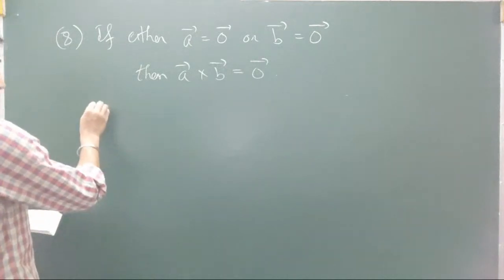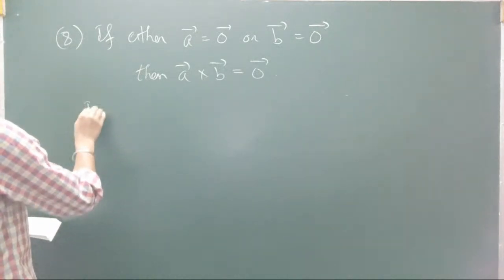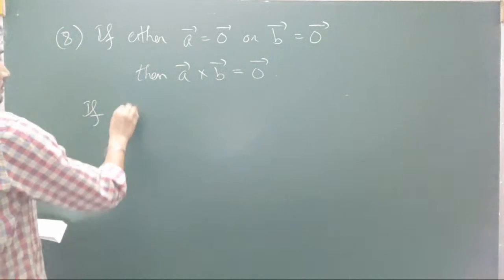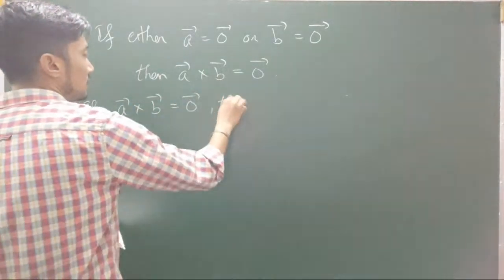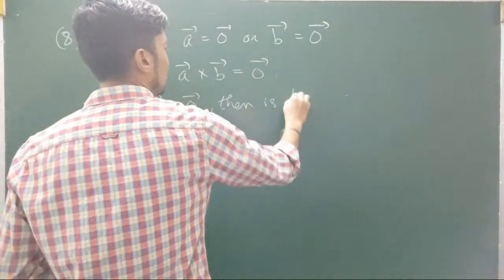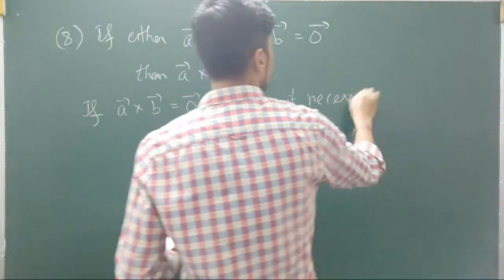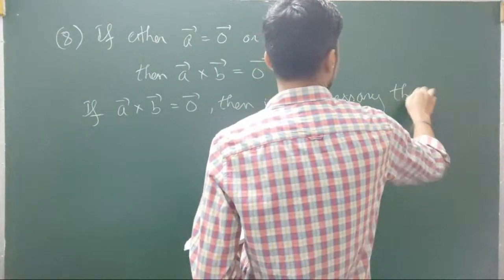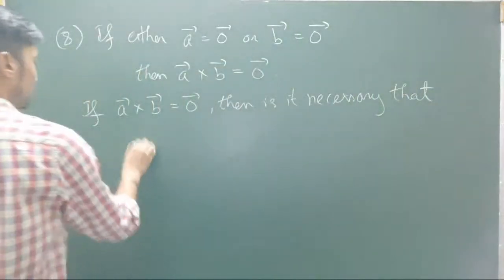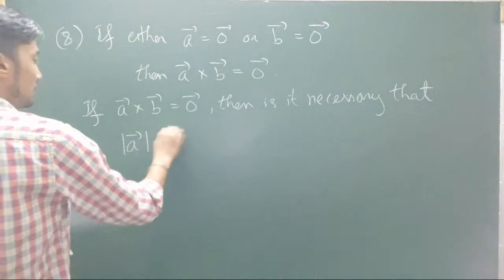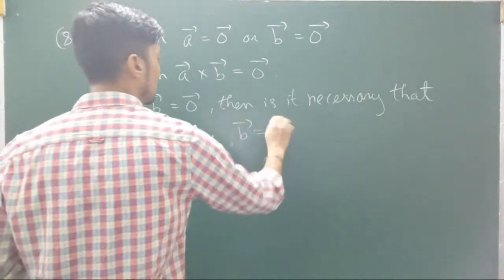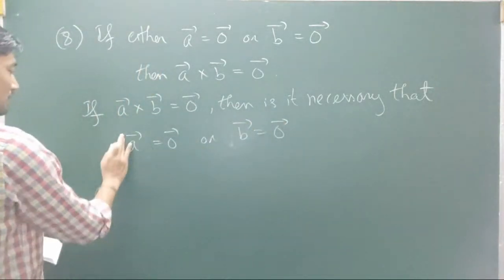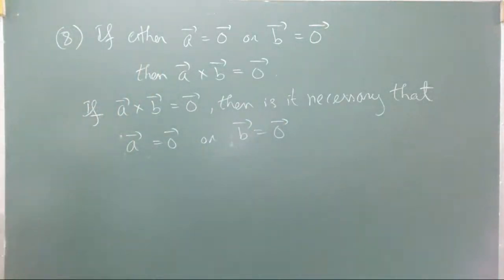That means the question is something like this: if A cross B is a zero vector, then is it necessary that A is a zero vector or B is a zero vector? That is what the question is actually. If you couldn't understand, that's what the question means.